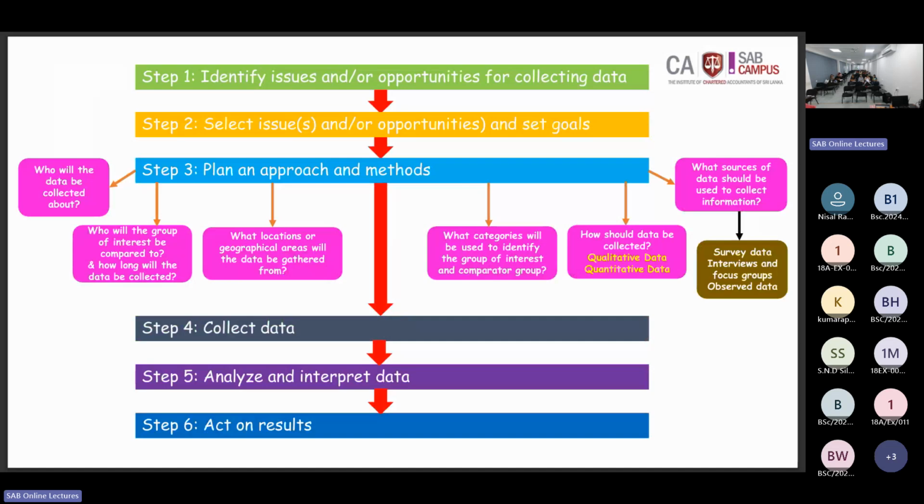Okay, so this is what we have done. We already identified the issues regarding our research, and then we identified the set of goals. That means we already identified our research objectives and other things. We planned our approach.